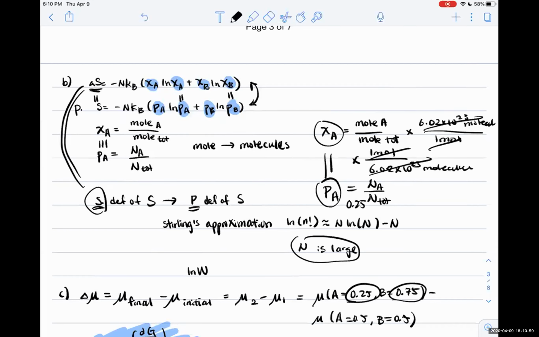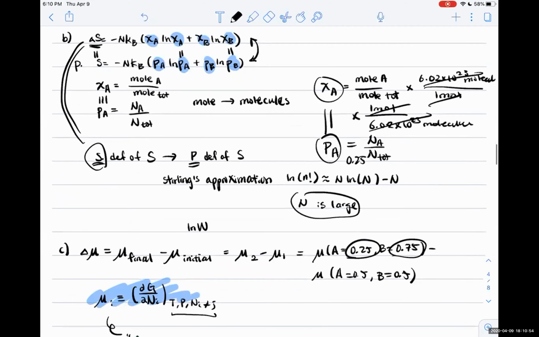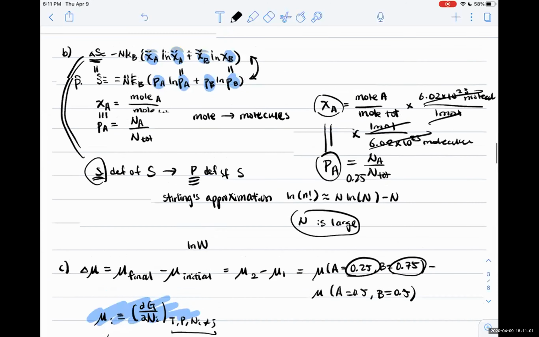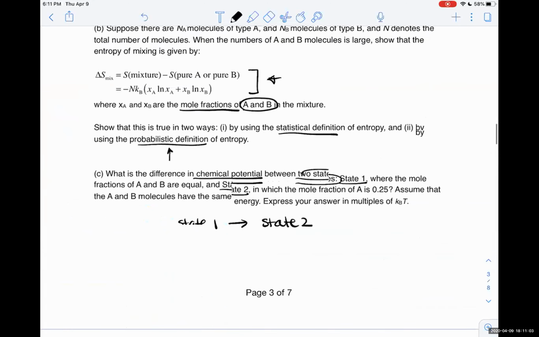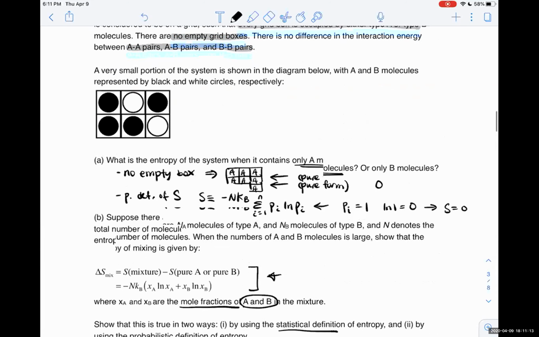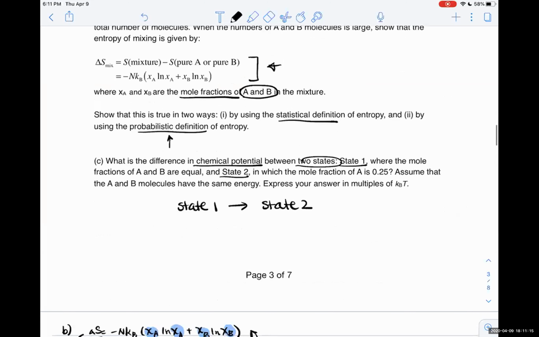Okay, I think I'm just making a math error then. And then my second question is, in the problem, it says state 1 mole fraction of A and B is 0.5 and state 2 mole fraction of A is 0.25, right? So was there an update or something? So you mean this part?